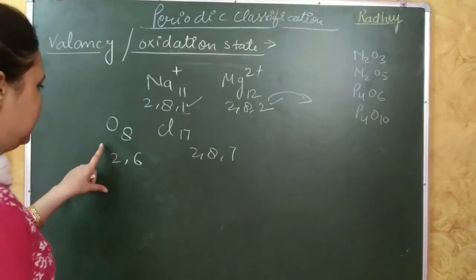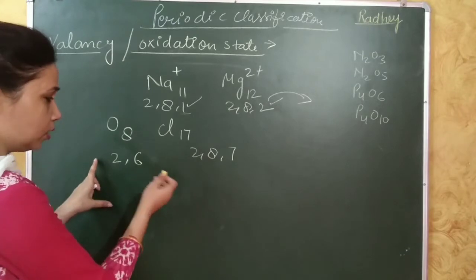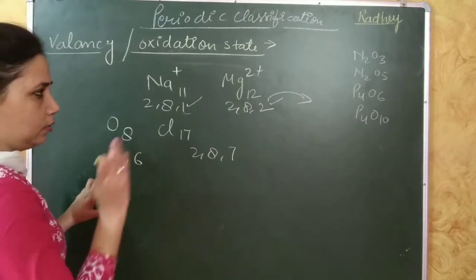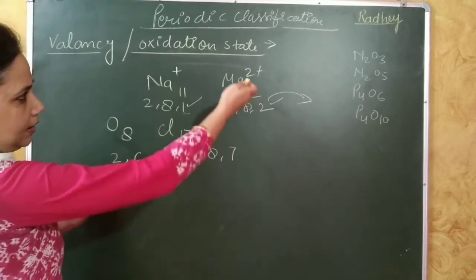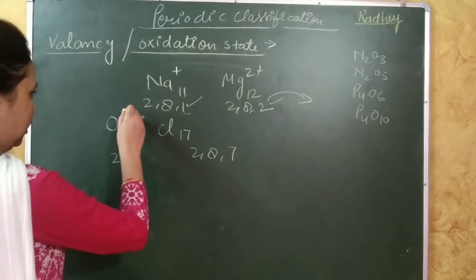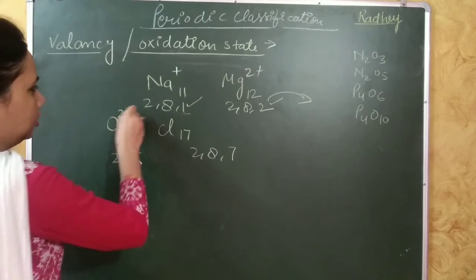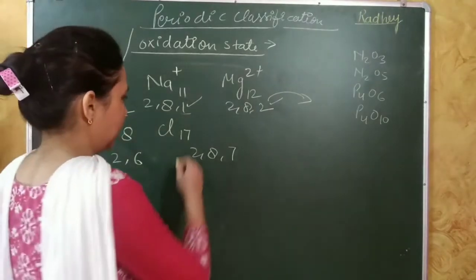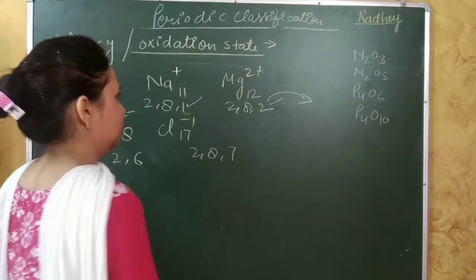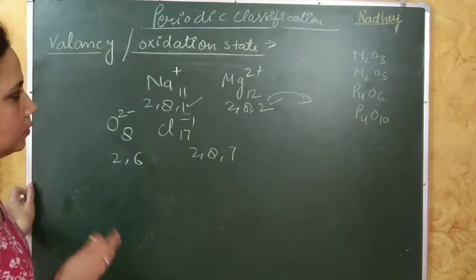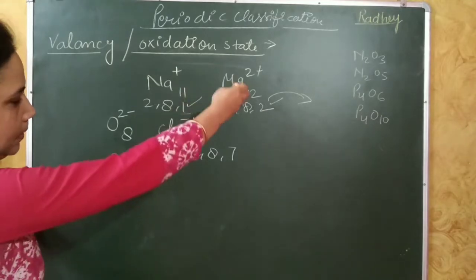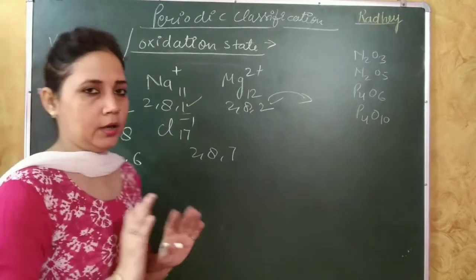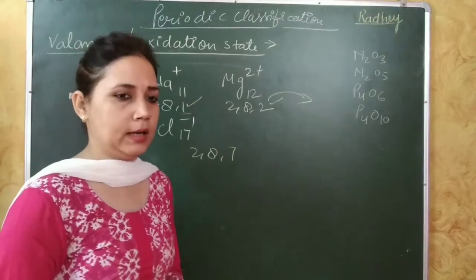Oxygen does not lose its 6 electrons; rather it takes 2 electrons from someone, suppose from magnesium, so it acquires a 2 negative charge, its valency is -2, and chlorine gains 1. So the valency of sodium is +1, magnesium is +2, oxygen is -2 and chlorine is -1. Now I hope we understand what valency is.